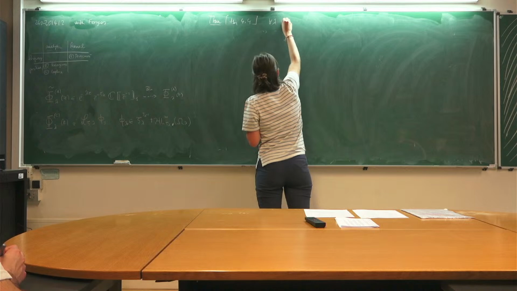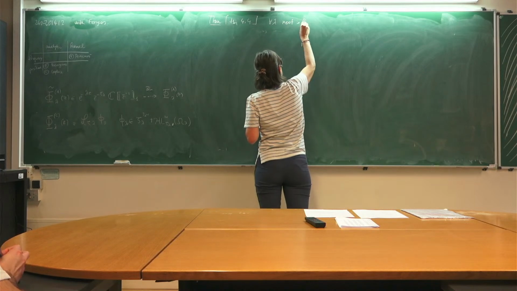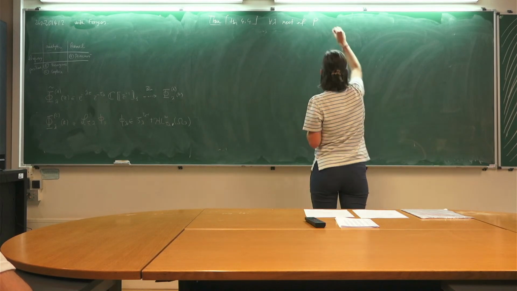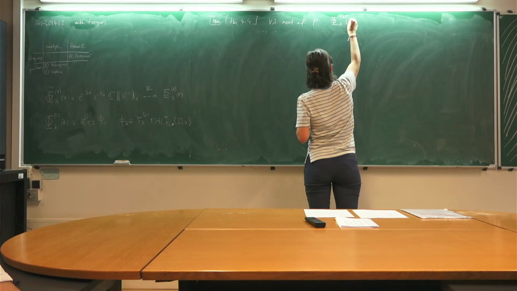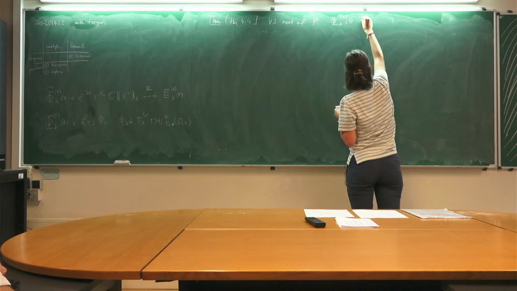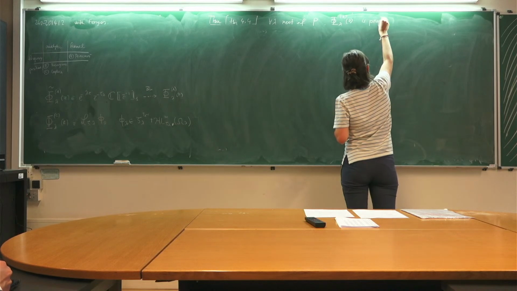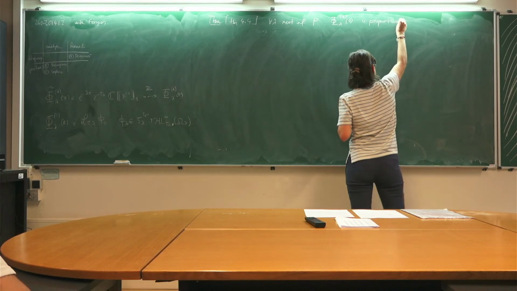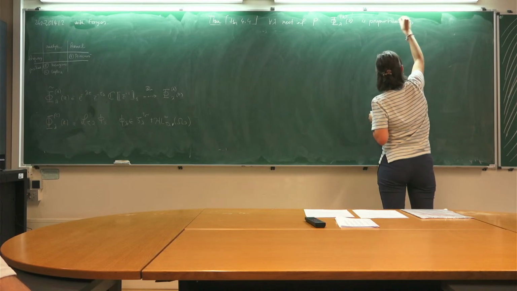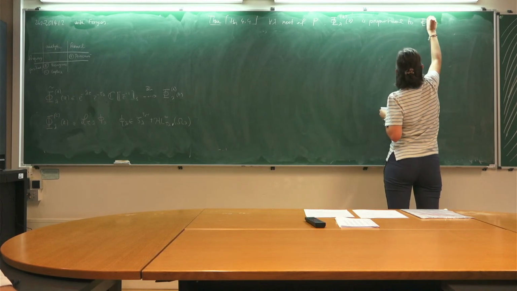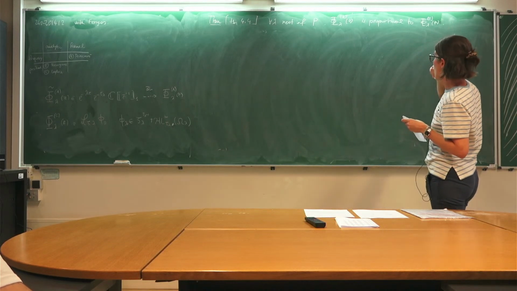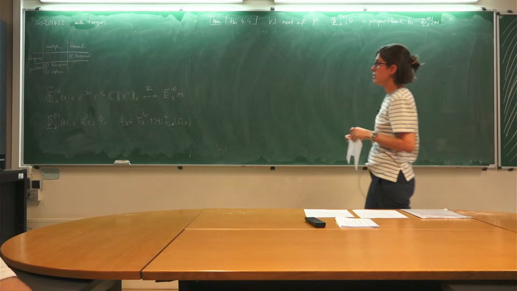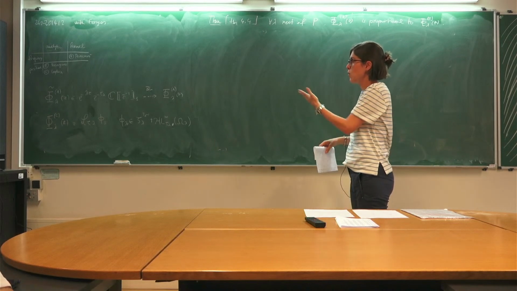For every lambda root of P, phi A of lambda, Z is proportional to phi C. And this proportionality, remember, is because the equation is homogeneous.